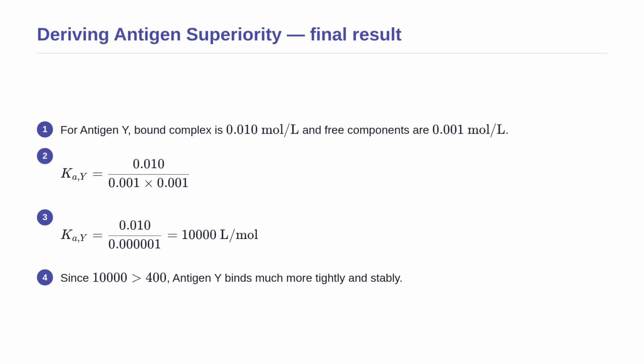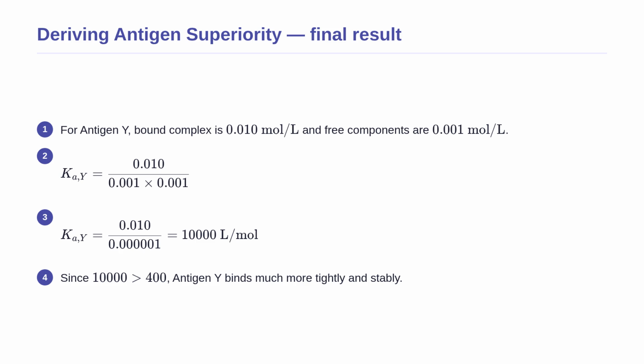Continuing our derivation, let us look at antigen Y to find our final result. Antigen Y has the same bound complex concentration, but far fewer free molecules left in the solution at just 0.001. When we run these smaller numbers through the denominator of our formula, the math yields a massive affinity constant of 10,000 liters per mole.